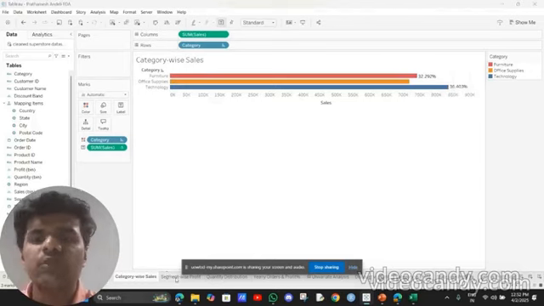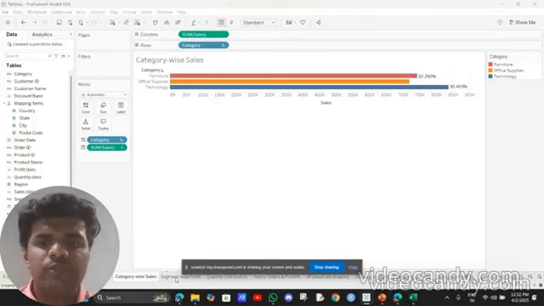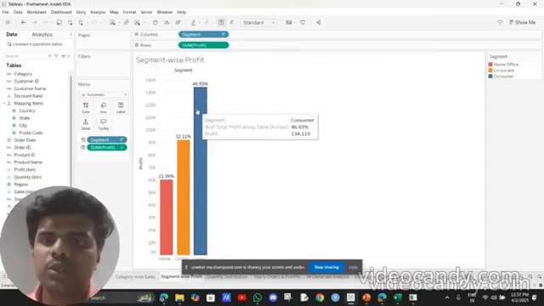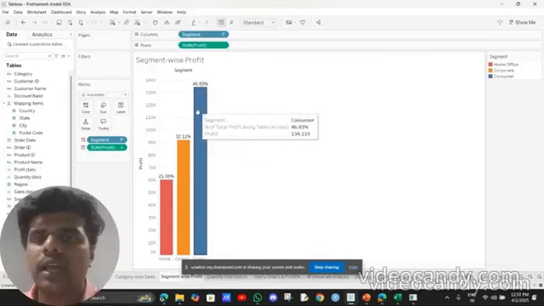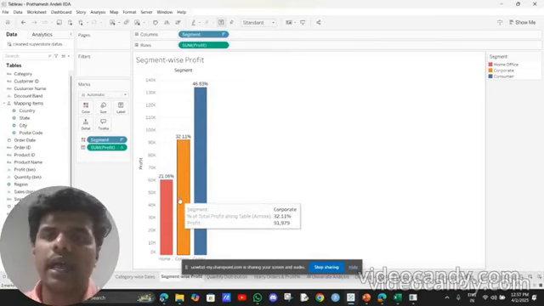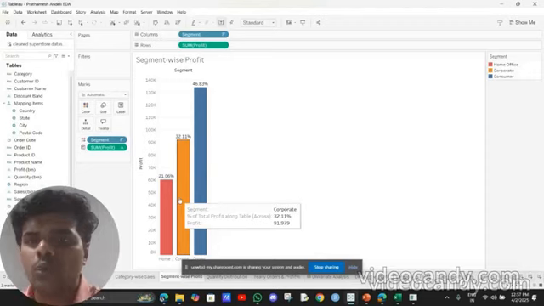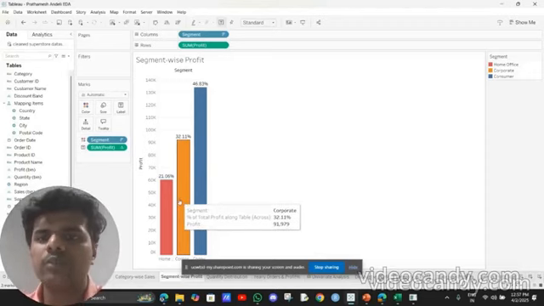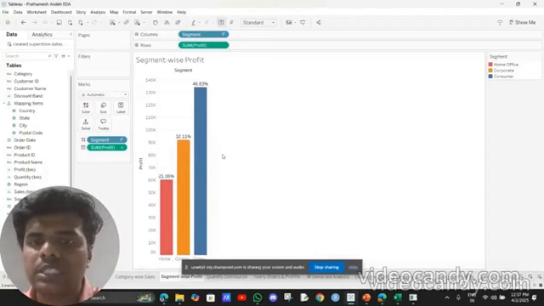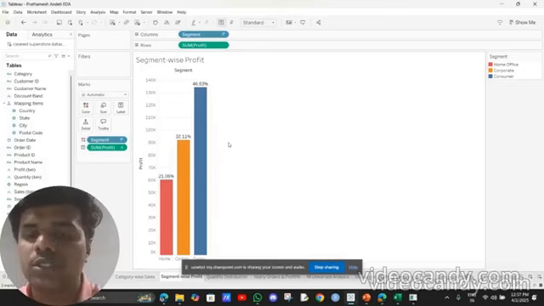Next, we have segment-wise profit. We have three segments about the bars. Basically, it's a bar chart showing three segments, and it is the profit made by each segment, meaning which segment is making how much profit in that retail store.